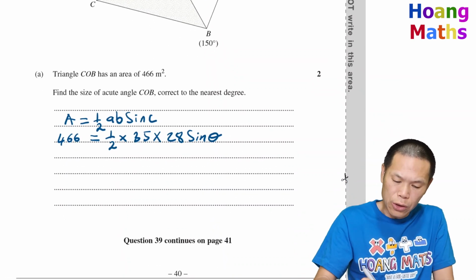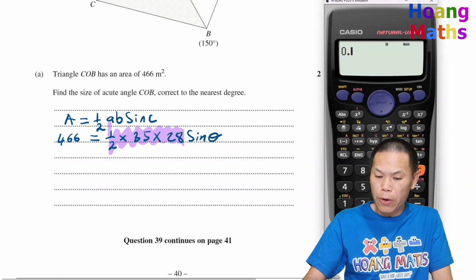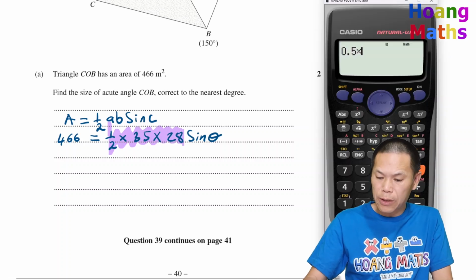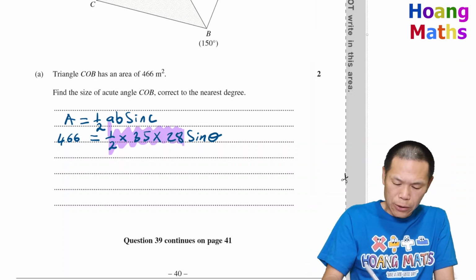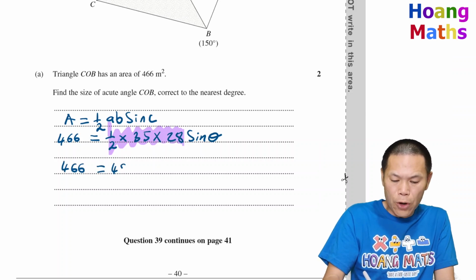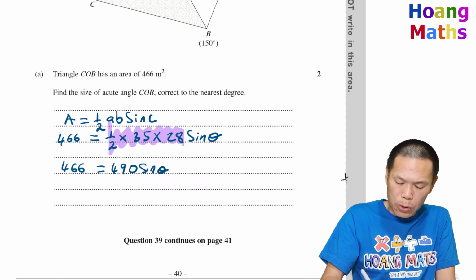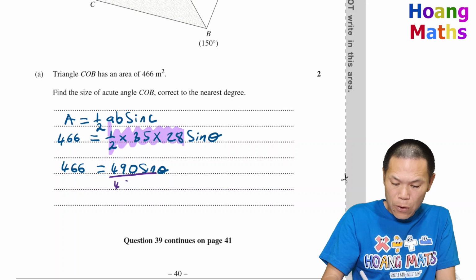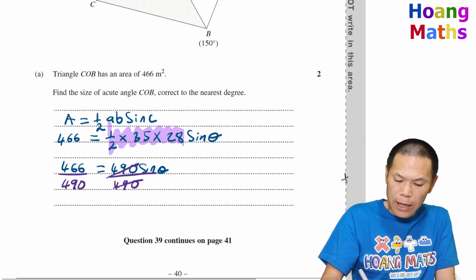So I just use the calculator, multiply these together: 0.5 times 35 times 28, which is 490. So 466 is 490 sine theta. I just divide by 490 on both sides, and 490 cancels out.